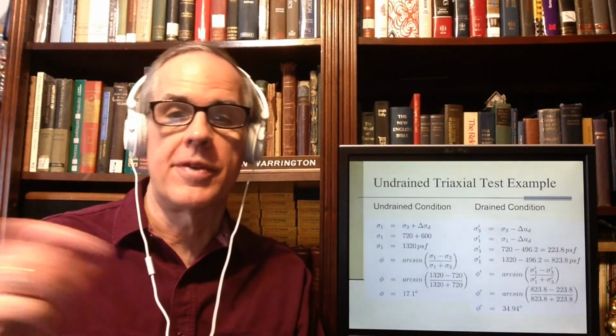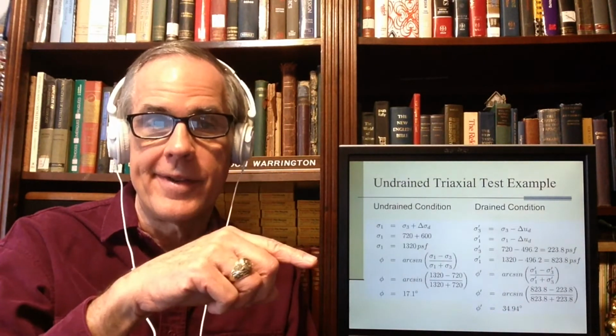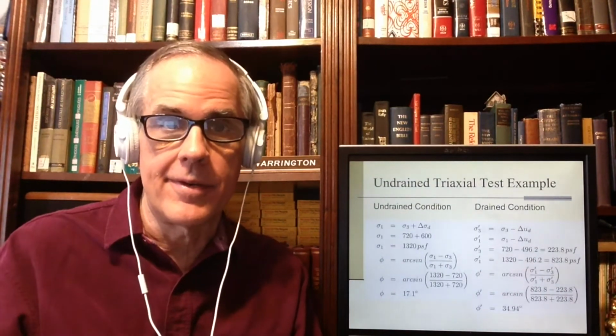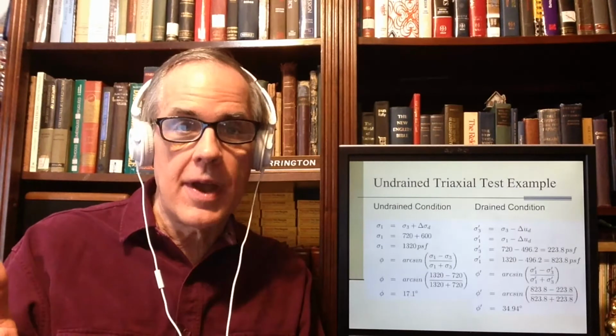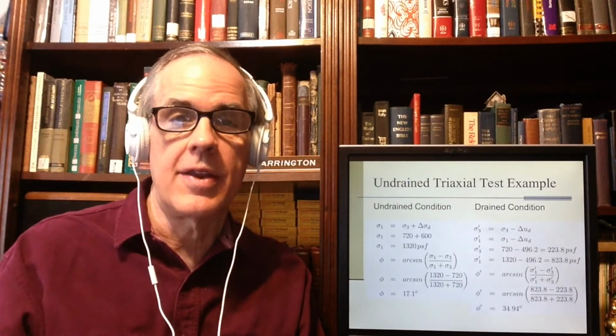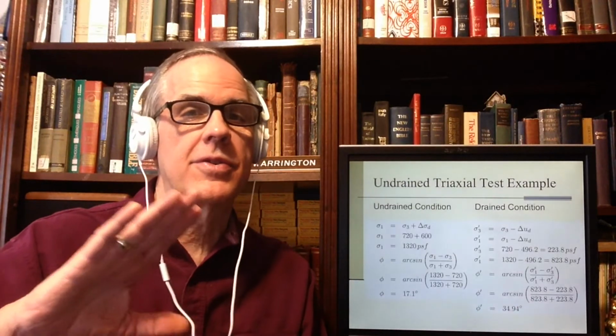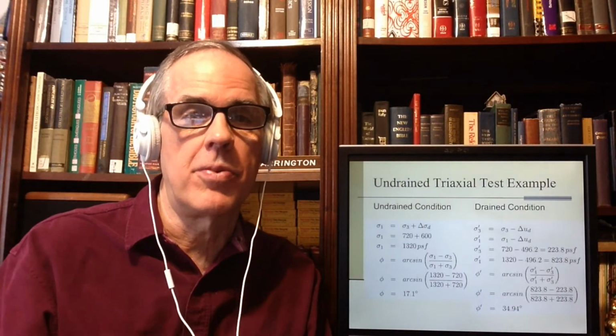Delta sigma d is the deviator stress. It is, as I keep saying, the difference between sigma 1 and sigma 3. So sigma 1 minus sigma 3 is equal to the deviator stress. I was given both of those. I simply plug and chug, and I get a sigma 1 in the undrained condition of 1320. I'm not going to take any consideration for the pore water pressure.